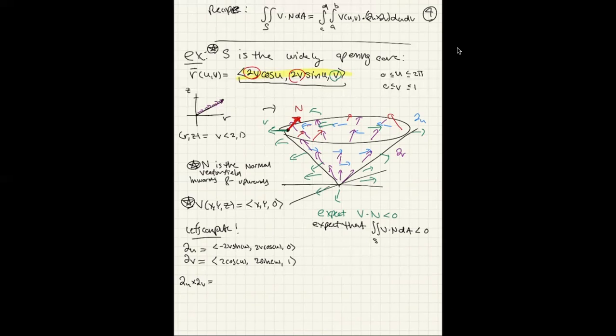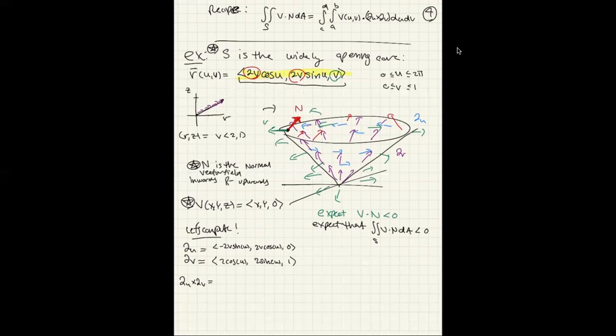Let's look at the picture. Partial u is the sky blue, partial v is that purple, and just pick any spot on the cone that you like. Anyone will do. If you do a right-hand rule, if we do blue first, then purple, I'm actually going to be pointing down and away.